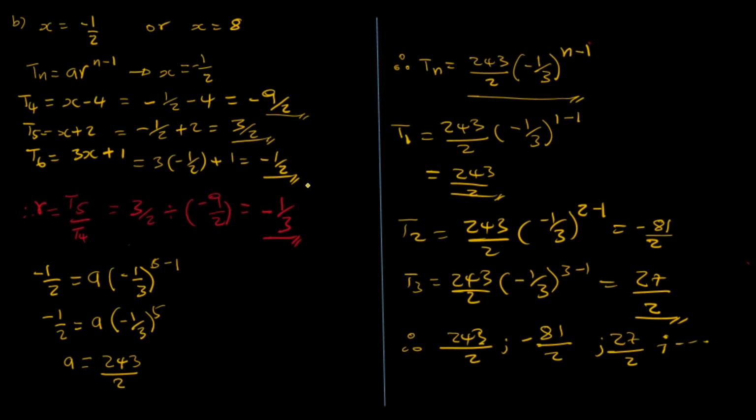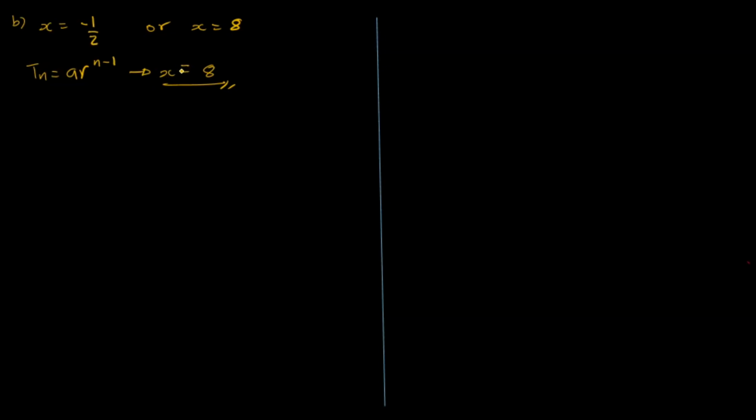Alright, this is 4x equals 2 minus 1. Alright, so let's do the same thing for x equals 8. So if x is equal to 8, what do we know? Term 4, term 5, term 6. We know that term 4 is x minus 4, term 5 is x plus 2, and term 6 is 3x plus 1.